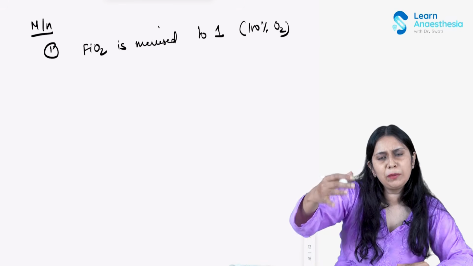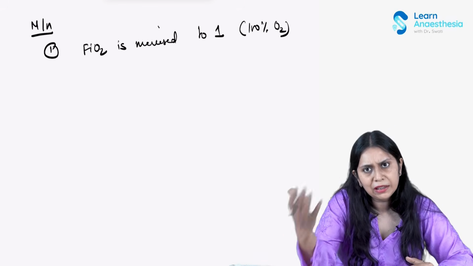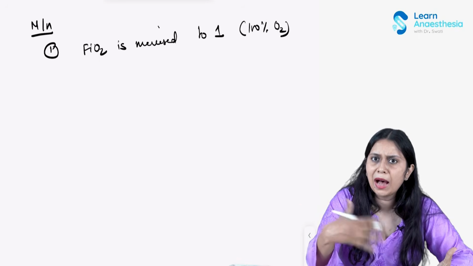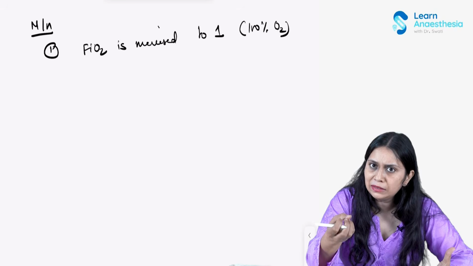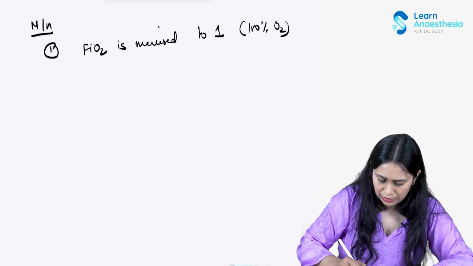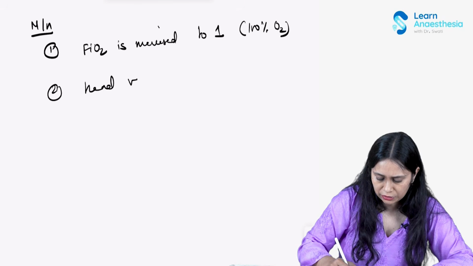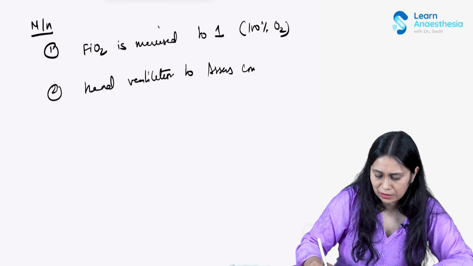Immediately, if the patient is being ventilated by ventilator, take the patient on bag to check the chest compliance, to assess the compliance. So, start doing the hand ventilation to assess the compliance, right?